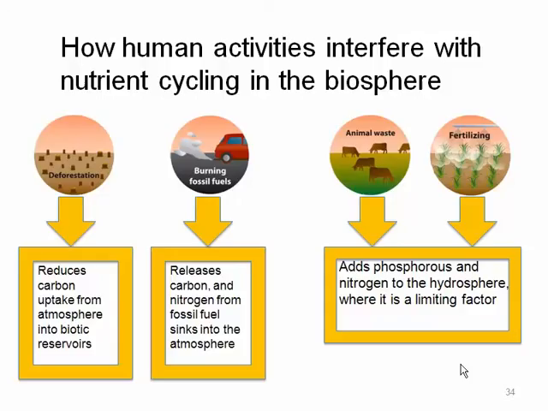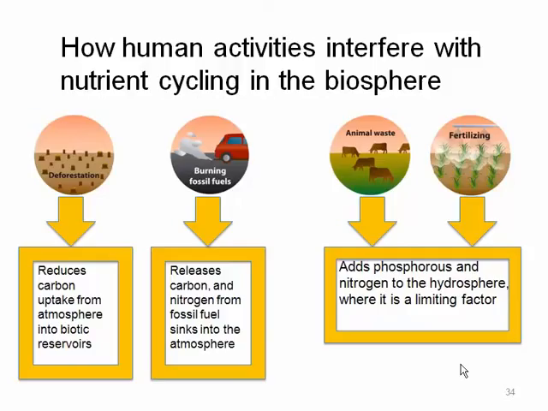Burning fossil fuels takes carbon stored in deep geologic environments that are normally not associated with the short turnover atmosphere, and then releases large quantities of carbon and nitrogen back into the atmosphere.